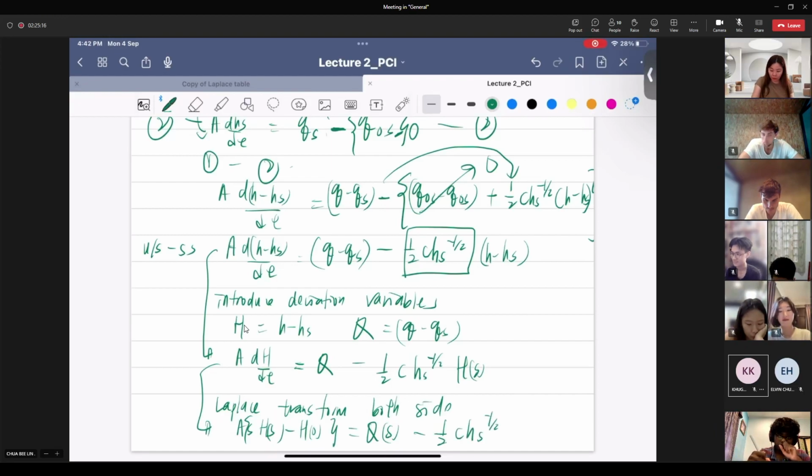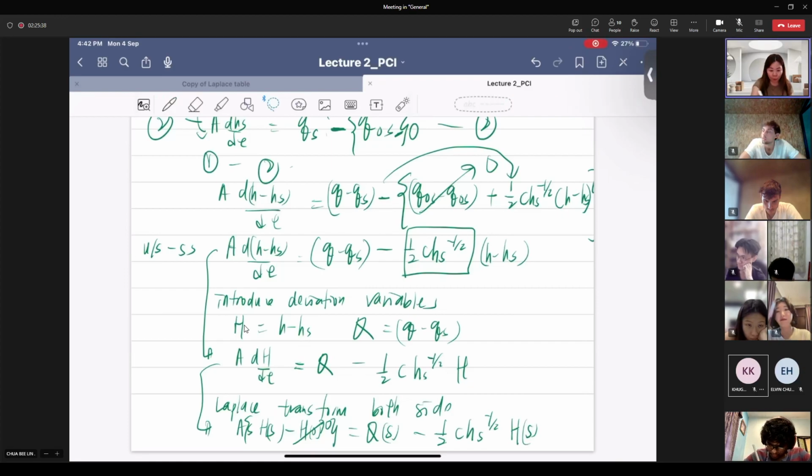And then this one, the S still not there. After your Laplace transform, only you will have HS. Okay, so initial condition will be 0. Then you rearrange, you will get your HS. Okay, so I'll copy this.